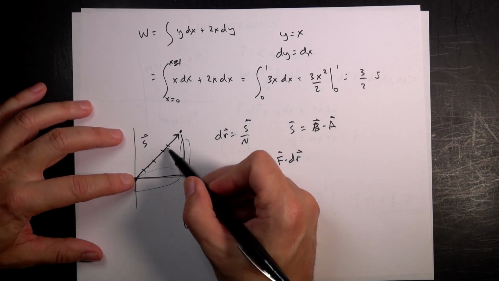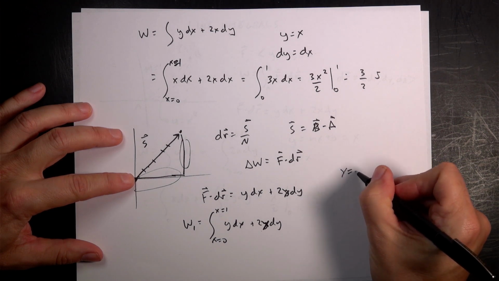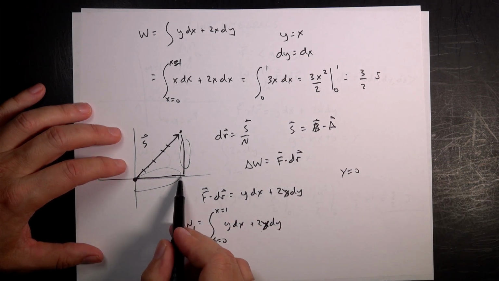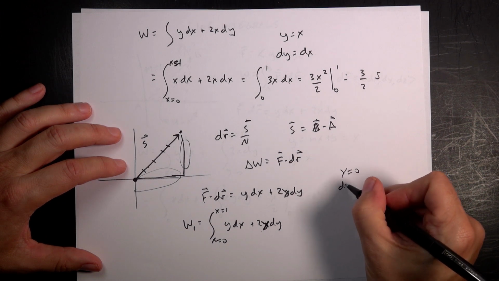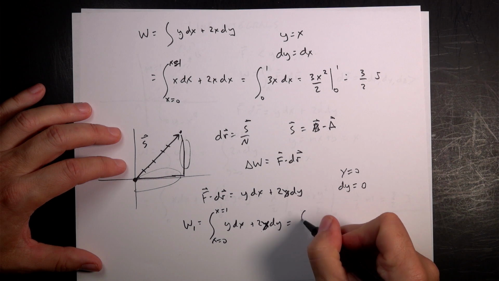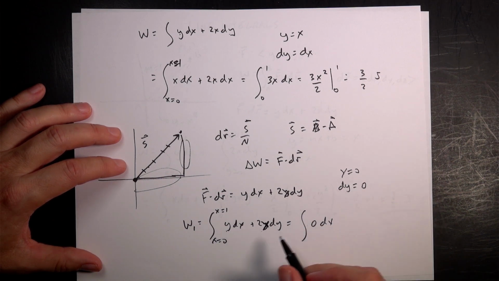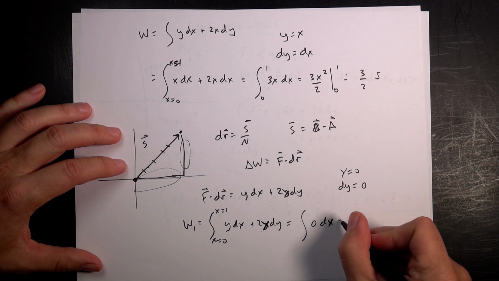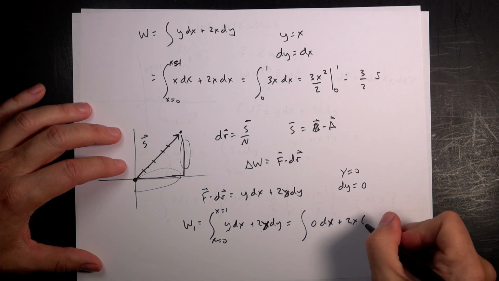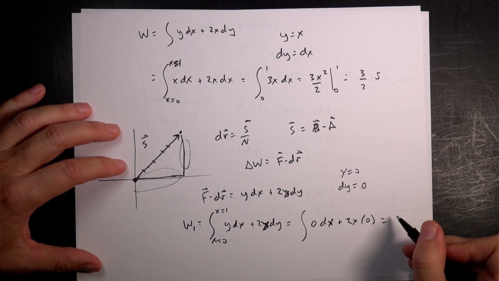This line was y equals x, but right here, this is y equals 0. That's the equation of that line. So if y is equal to 0, then dy is equal to 0. If I substitute that in, I get the integral of 0 dx, because I substitute y equals 0, plus 2x times 0. And that's not too hard to do. It's 0.